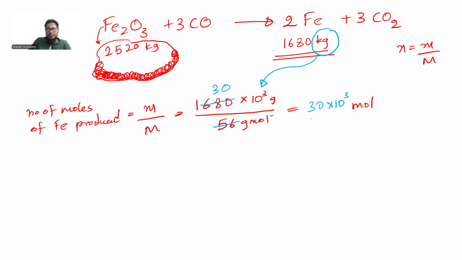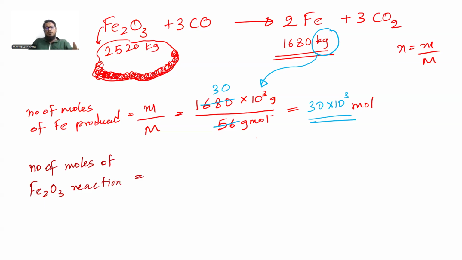Now, if this many moles of Fe is produced, how many moles of Fe2O3 should have been there? Number of moles of Fe2O3 reacted. This all comes with the mole ratio.